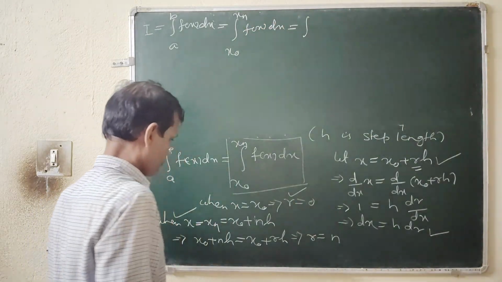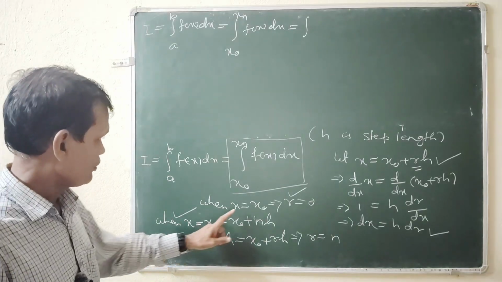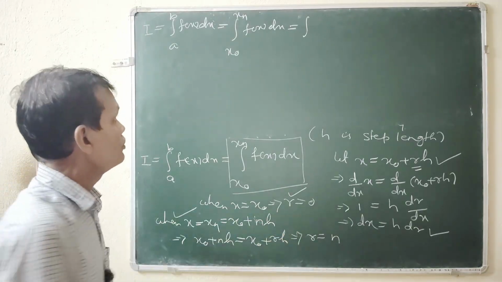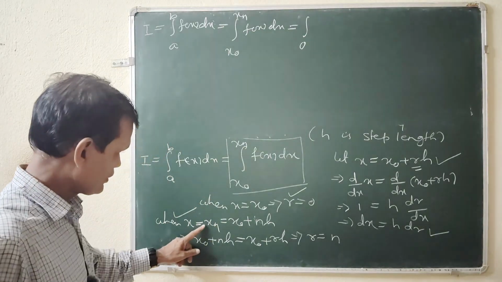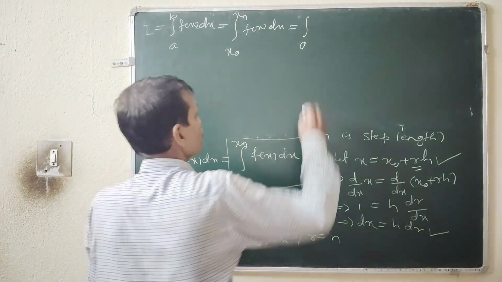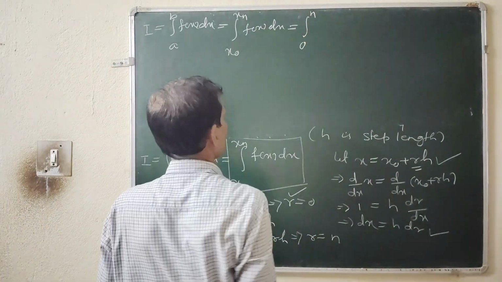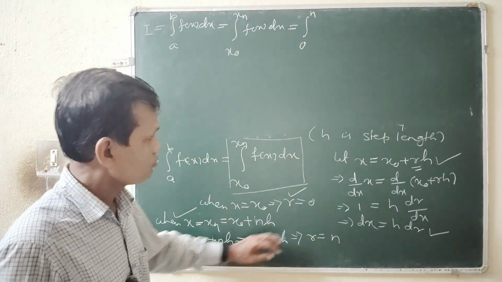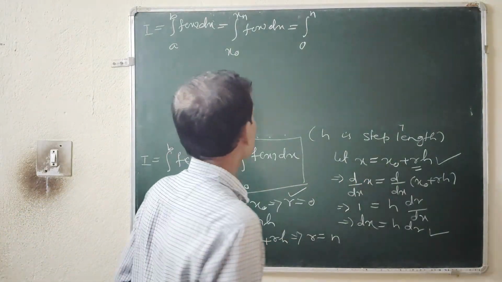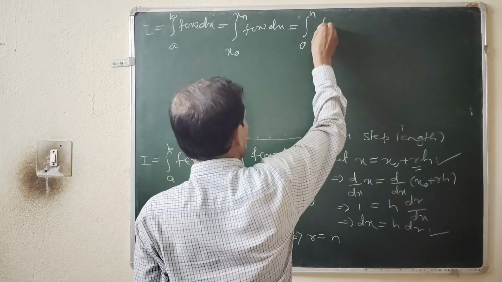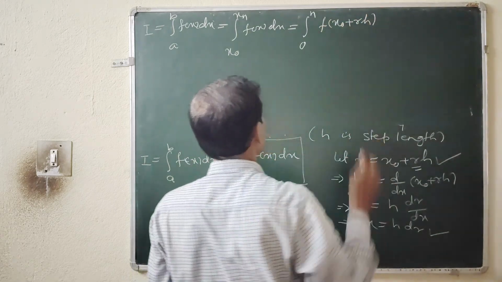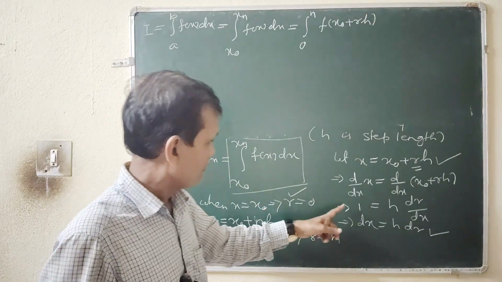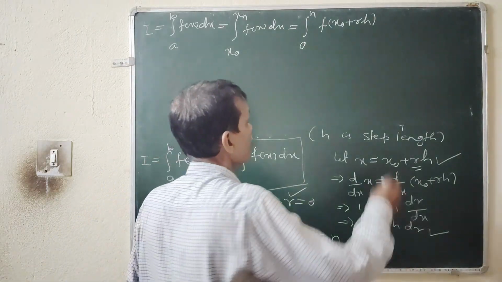When x is equal to x0, r is equal to 0, so we write r equal to 0. When x is equal to xn, r is equal to n, we write n. Why does this happen? Because we have considered x equal to x0 plus rh. So in place of x you write f of x0 plus rh. And dx is equal to h dr.